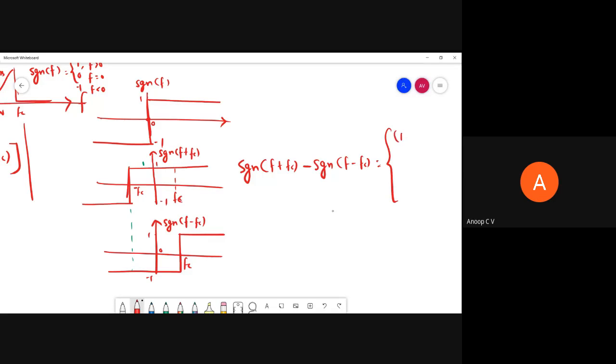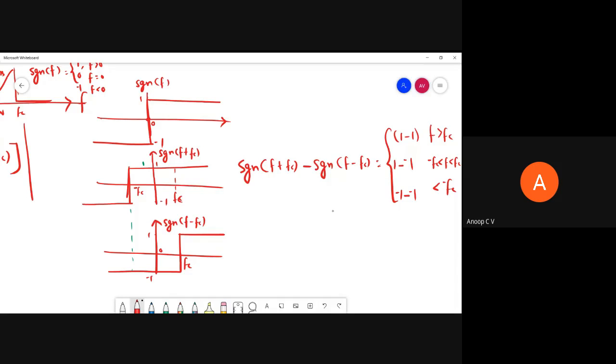And between minus FC less than F less than FC, that will be 1 minus of minus 1. And for frequencies less than minus FC, it is minus 1 minus of minus 1.